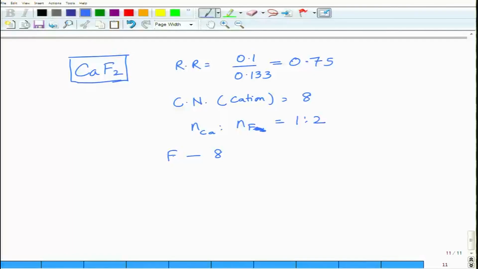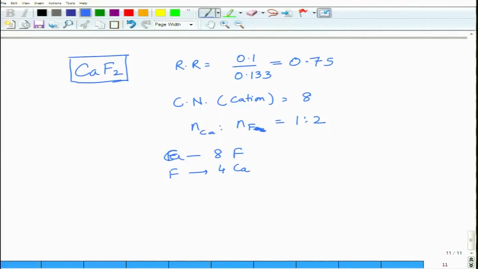So each calcium is surrounded by 8 fluorine, but each fluorine is going to be surrounded by 4 calcium, okay. Then only it is going to be electrically neutral. So this is required for electrical neutrality. We will see some of these examples in the coming slides, okay. So we will finish here.